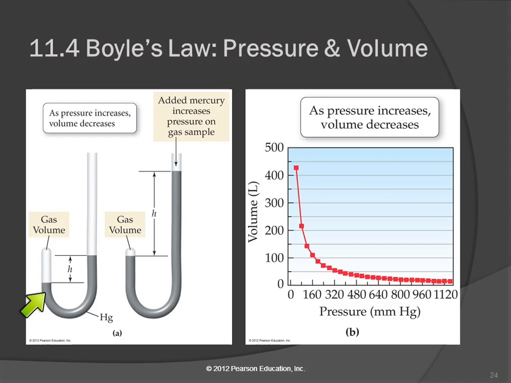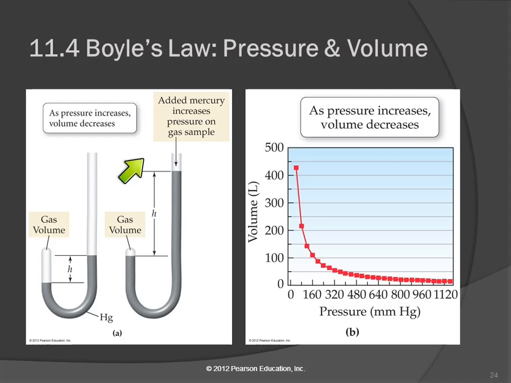The mercury will, of course, want to go to the bottom, but it will also reveal the differences in pressure between the inside and the outside. Because in here we have the pressure of the gas pushing down, and here we have the pressure of the atmosphere pushing down. So we can measure the difference in pressure by the difference in the heights of the columns of mercury. So again, that unit of millimeters of mercury kind of makes sense.